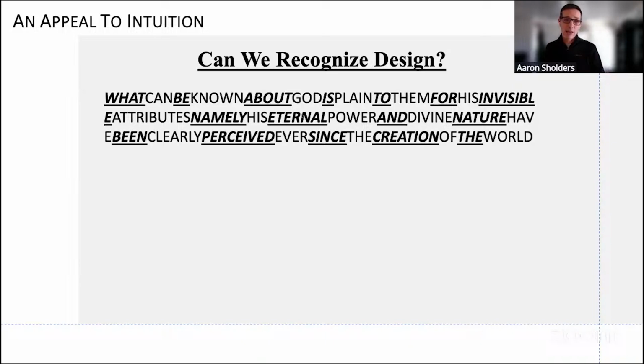In fact, Rob Stadler quoted this, okay, at the very end of his talk. So yes, this is a portion of Romans 1. Now, we automatically look at this and we automatically recognize that it's been designed, it's been engineered. It communicates something to us, and we can point to, at the minimum, the human author in the Apostle Paul.